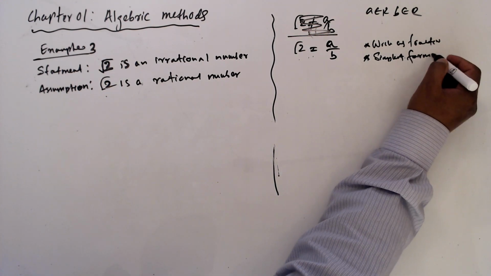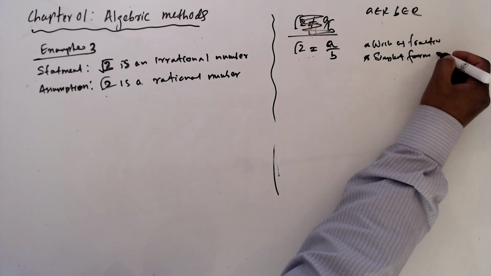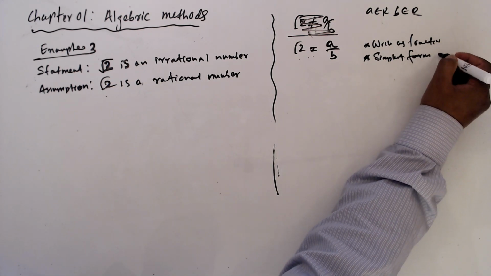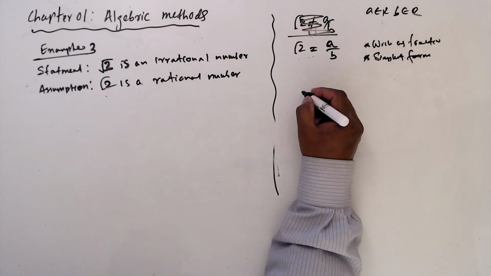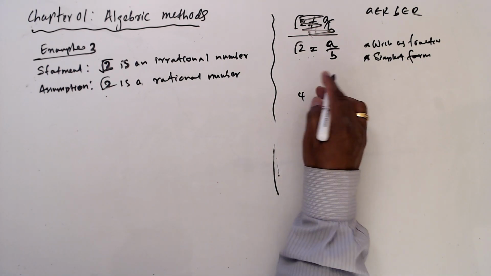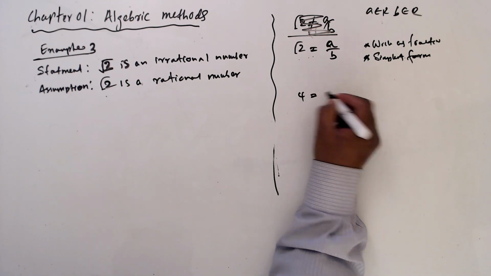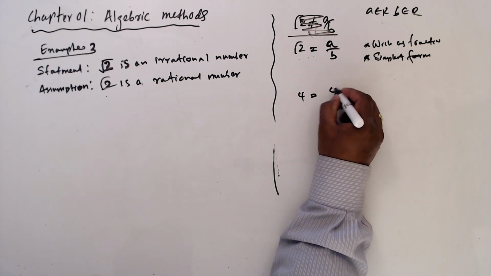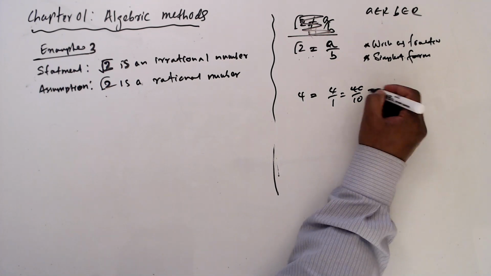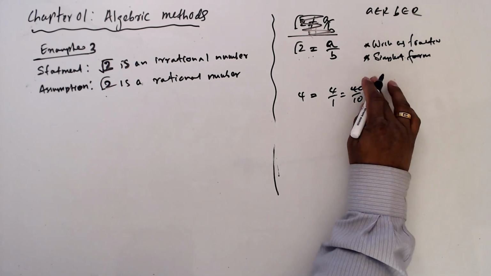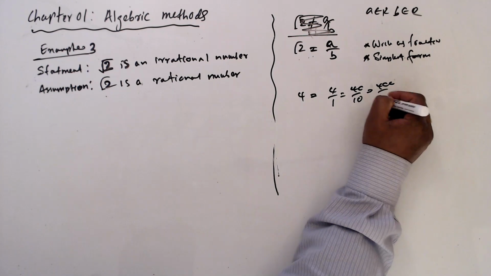That means you can't simplify any further. For example, 4 you can write as 4 over 1 or 40 over 10 or 400 over 100.